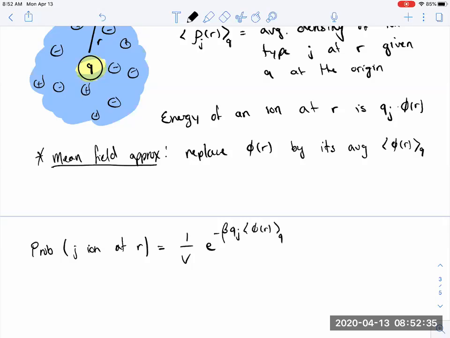If that's the probability of an ion being at some position R, we can compute the density of that type J ion by knowing just how many of those ions there are.